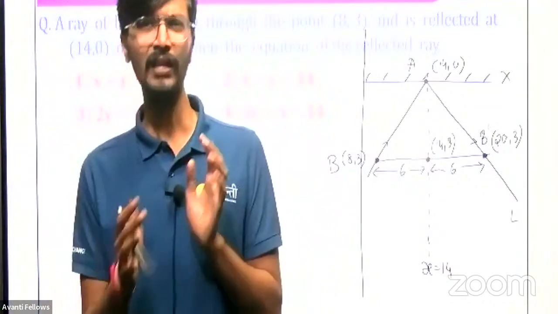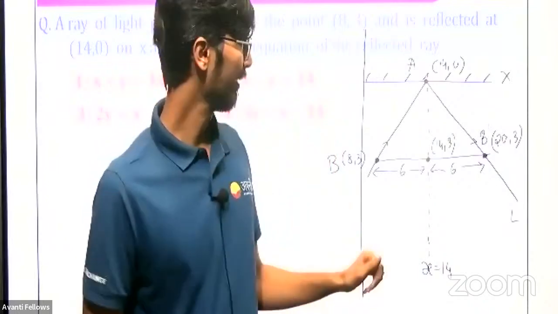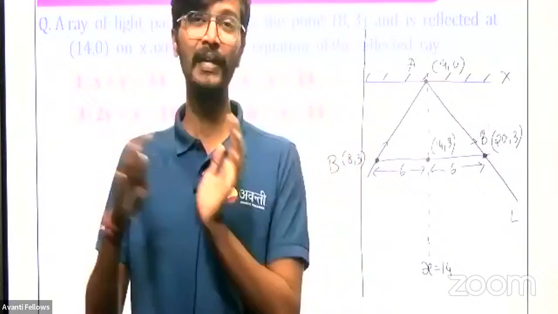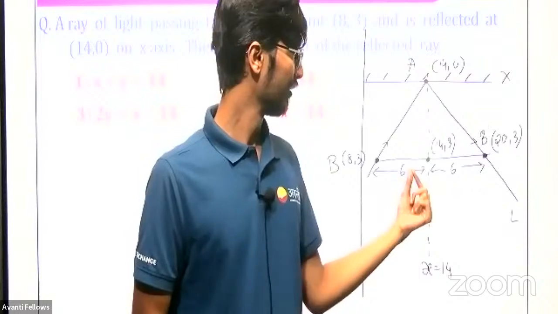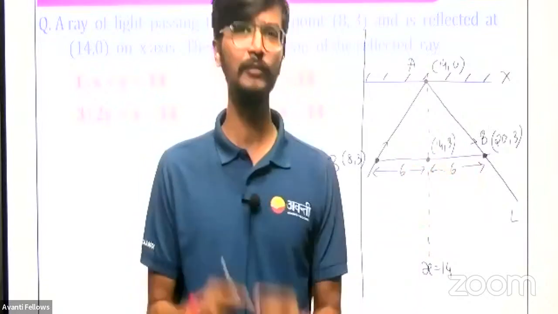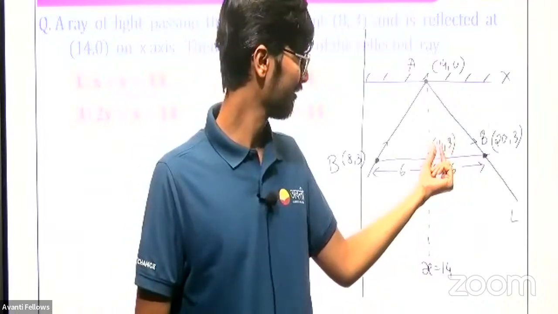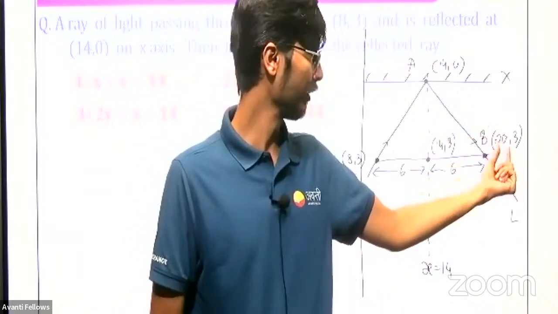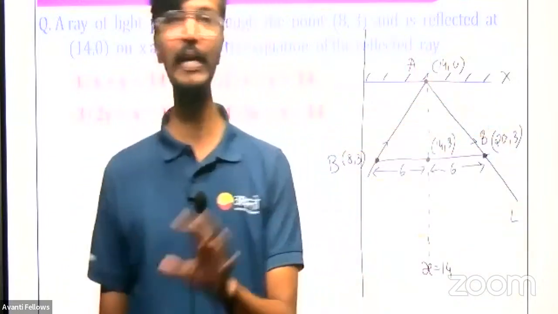You can use that as well, but there is no need to use it here, because we can easily use geometry. Why geometry? Because this is the coordinate plane we are talking about. So from (8, 3) to (14, 3), the distance is 6. Since this distance is equal to this distance, because it is the image, if this is (14, 3), just move 6 units away from (14, 3). That will be (20, 3). So we got the two points A and B dash on line L.